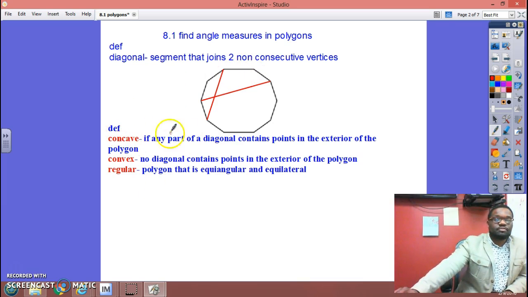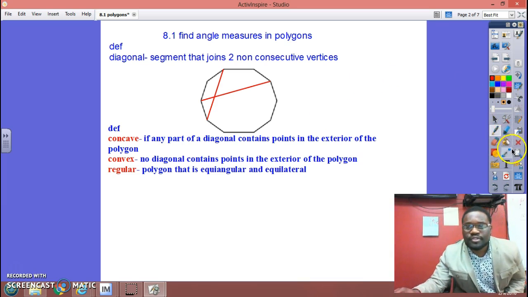A couple of definitions that we need to know. Concave, you see these words: if any part of a diagonal contains points in the exterior of the polygon. So if any diagonal is outside, so for example, if I drew, let's see if I can find one picture, some of the shapes even.